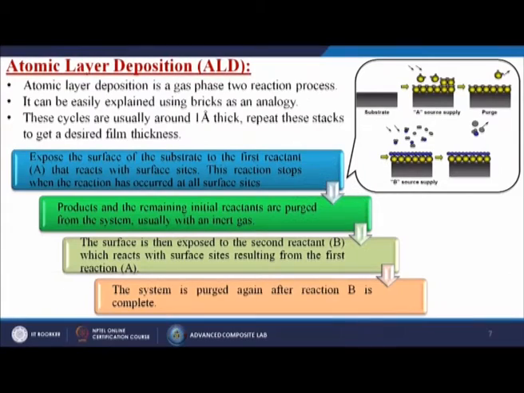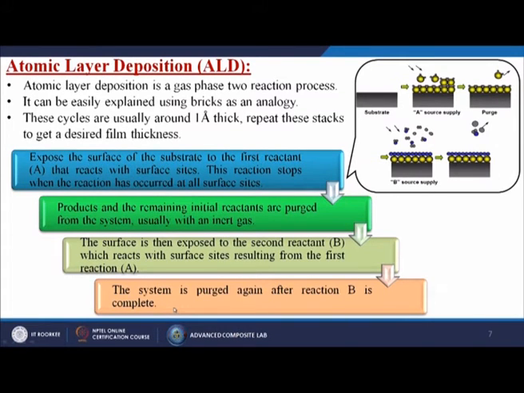Then the products and the remaining initial reactants are purged from the system, usually with an inert gas. The surface is then exposed to the second reactant, which reacts with surface sites resulting from the first reaction A. The system is purged again after reaction B is complete.